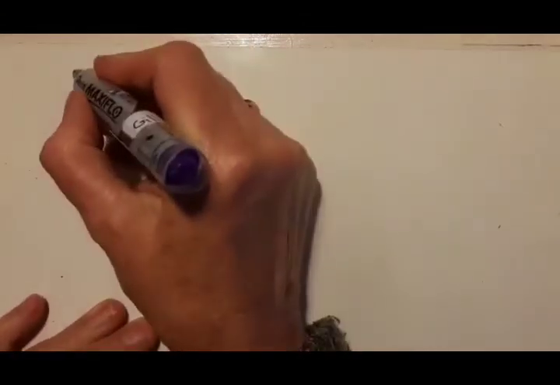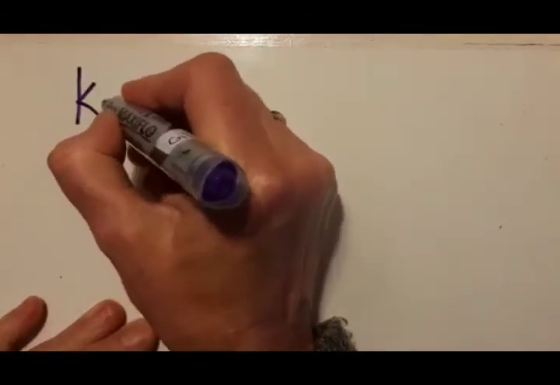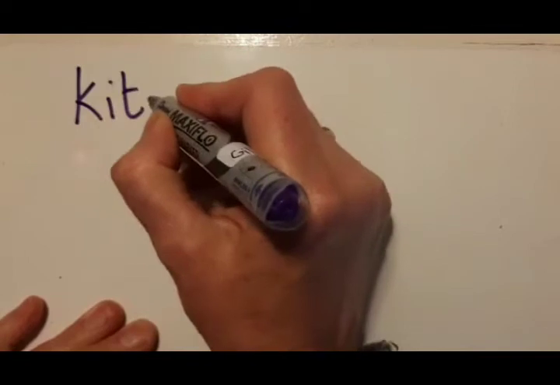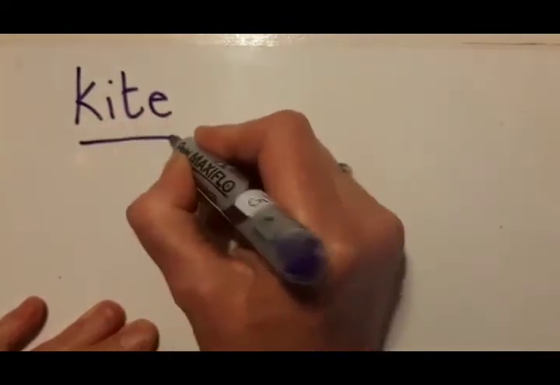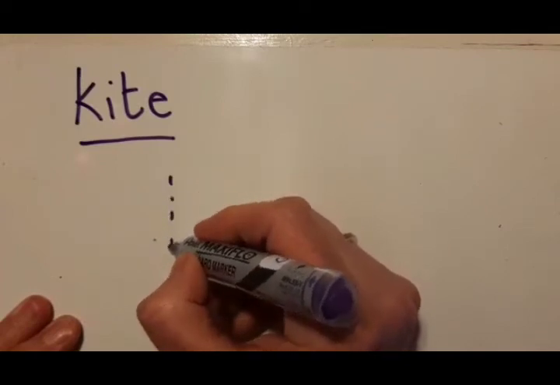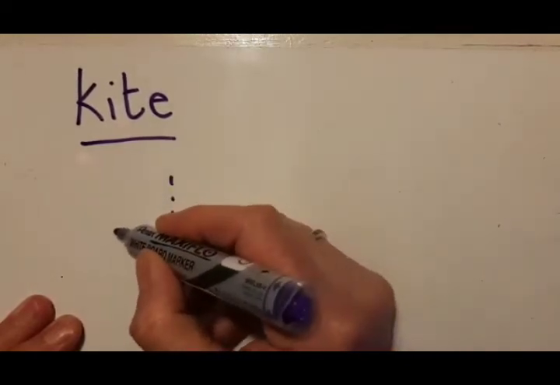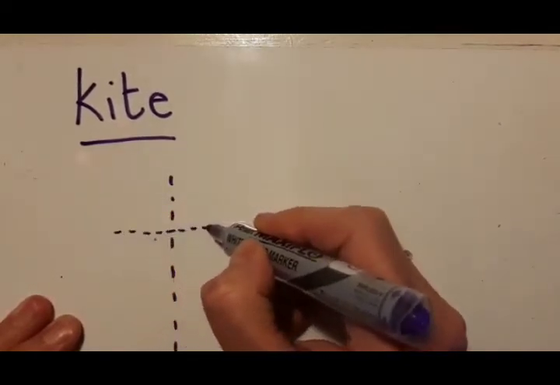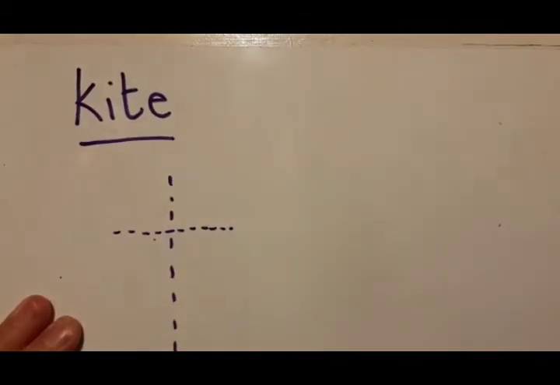The last shape is called a kite. You will be familiar with this shape. A kite. And I'm going to draw a framework just to help me get the sides right.